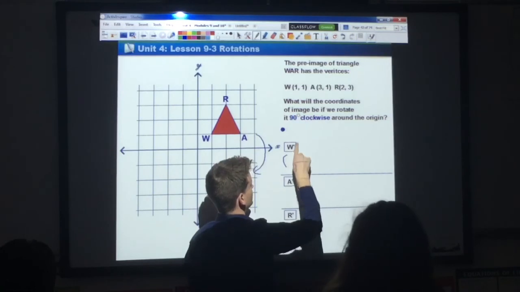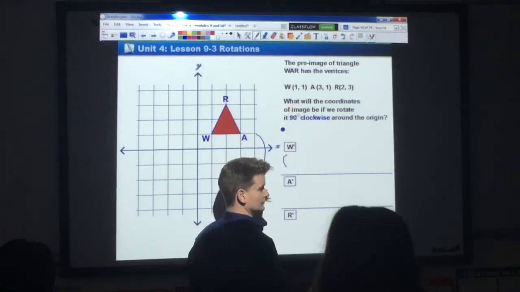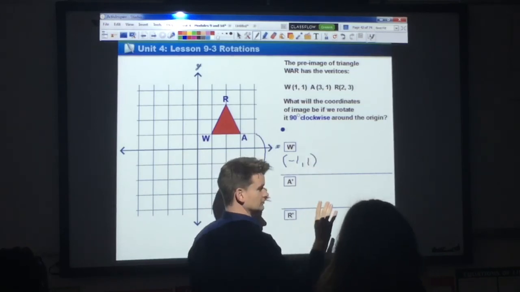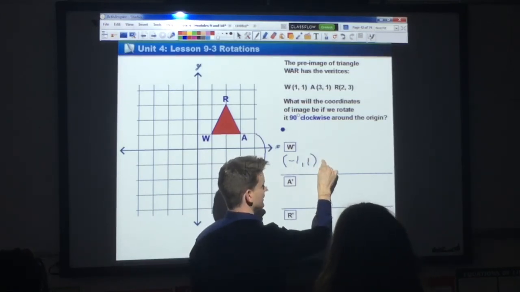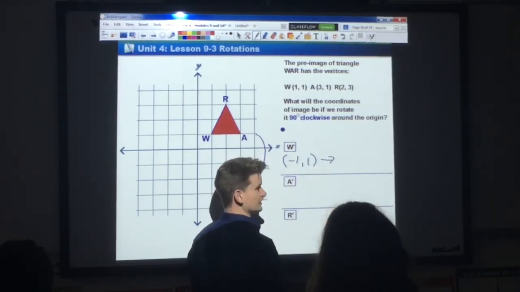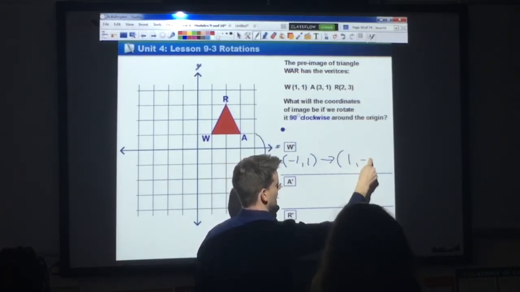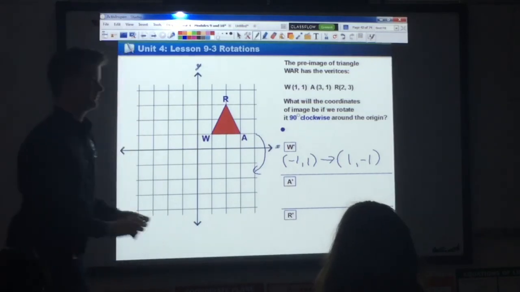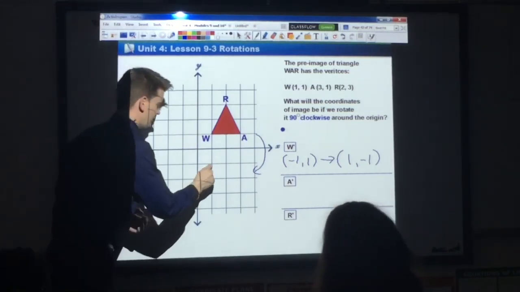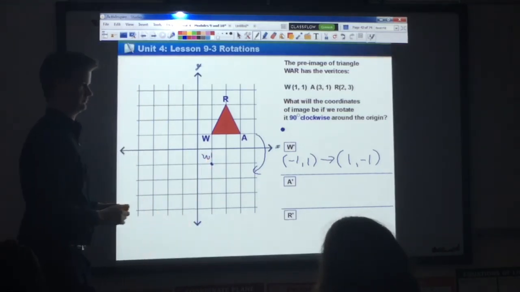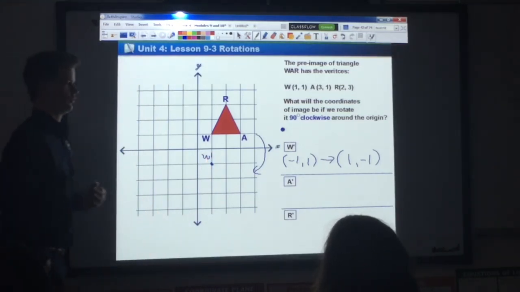That's the W. I'm multiplying the x coordinate in W by -1. -1, 1. Am I done though? No, I have to flip it. Therefore, what is my actual W prime coordinate? 1, -1. When you have that, you go in and you graph it. And that becomes W prime. So I have 1 point done.